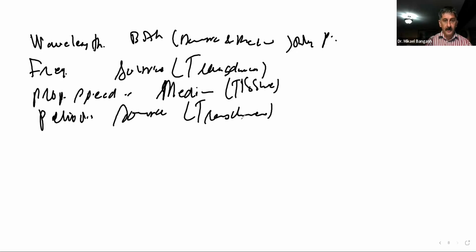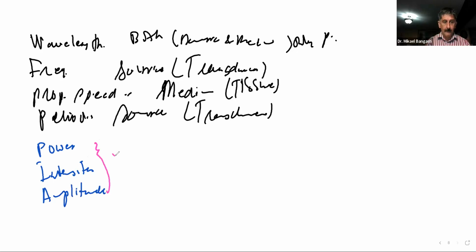Now, if you look here at your three bigness parameters, they give you power, intensity, and amplitude. But what they wrote here in a bracket for all of them is initial.